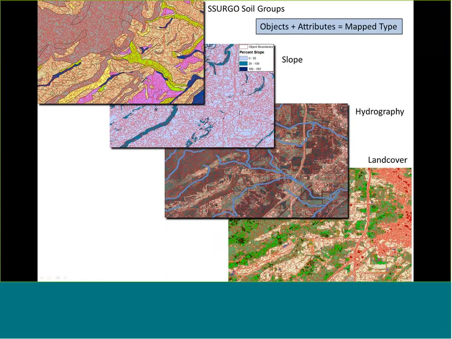So, each image object has a given soil group, a given slope, a given relationship to hydrography, and a given land cover within a given region, and based on that, we give it a mapped type name. So that's the end of the methodology section.